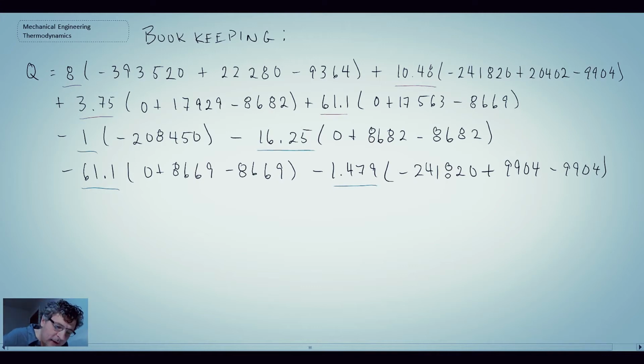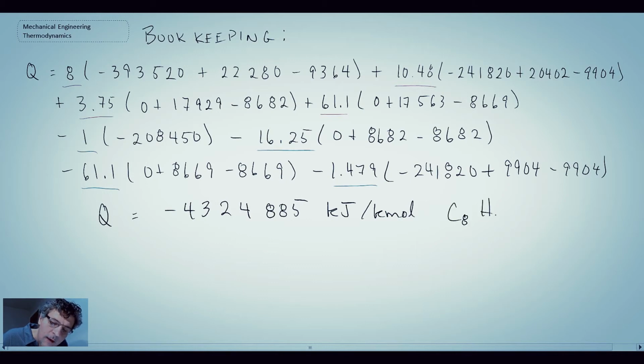But when we do this and we evaluate Q, the heat transfer, we get that for the number of kilojoules per kilomole. Now they wanted us to evaluate this per unit mass.